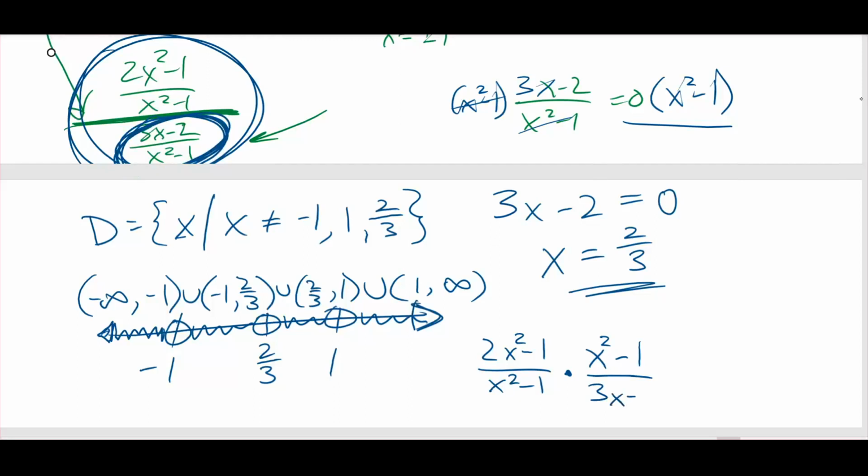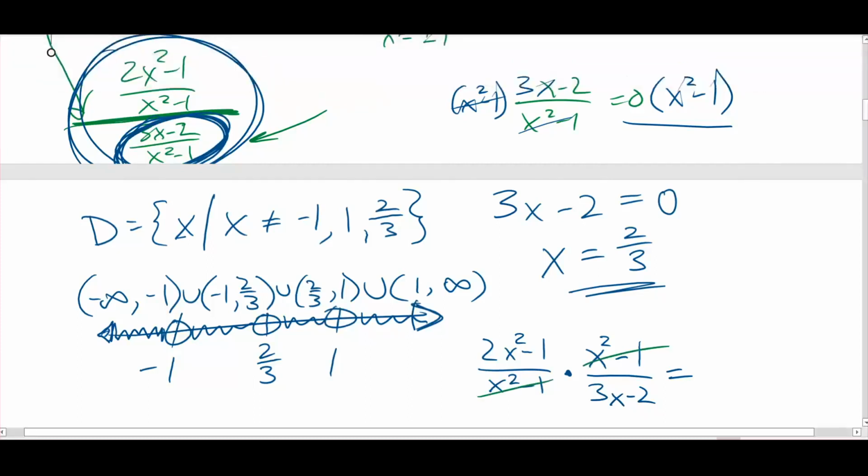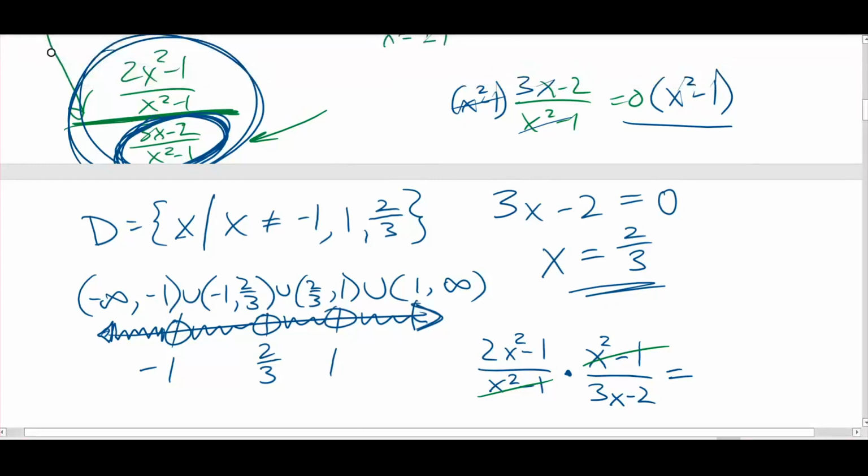So 3x minus 2, right? The numerator and the denominator just flip. Okay, and now, well, something convenient's going to happen here, right? We see that we've got common factors, right? X squared minus 1 goes away here. And then we can write it as 2x squared minus 1 over 3x minus 2.